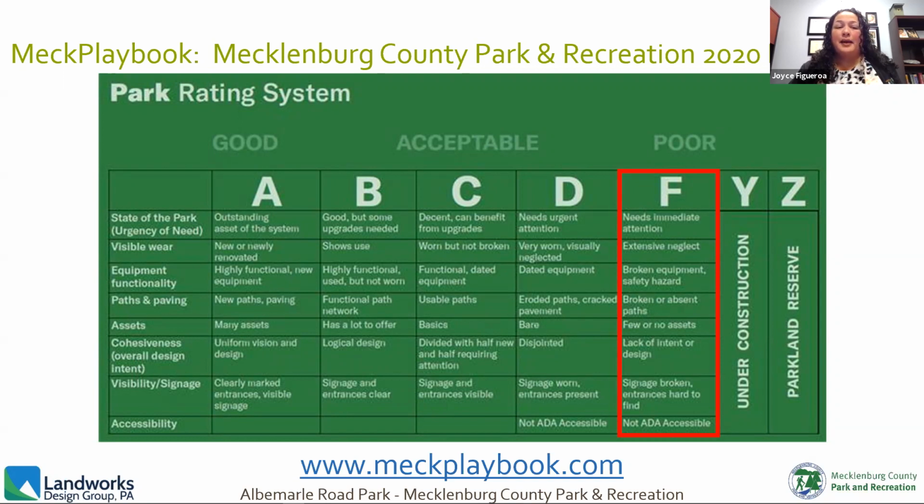It could mean that the paths or trails are broken or absent, that there are very few or no assets at all, that there is an overall lack of cohesiveness in the design of the park, that the visibility and signage might be broken or hard to find, and that it may lack ADA accessibility. Since the park is essentially exhibiting most of these conditions, that's why it got an F.